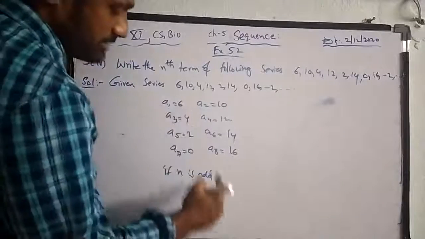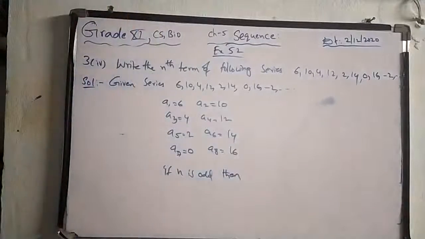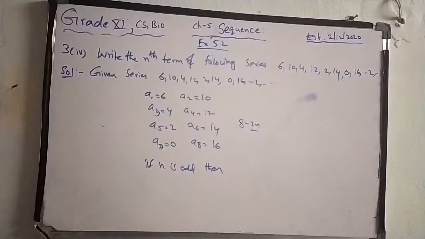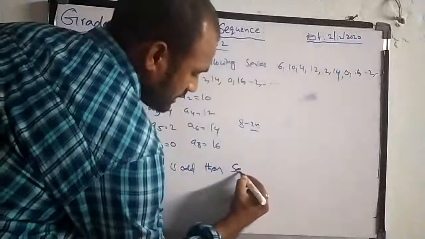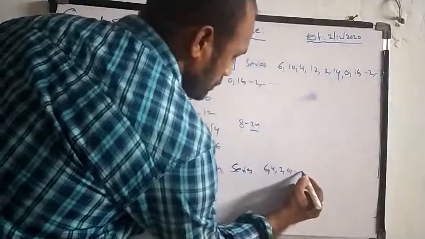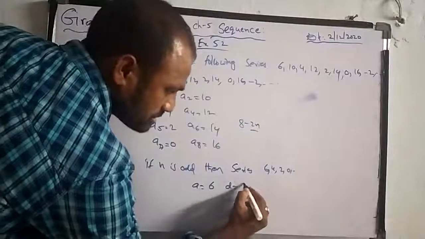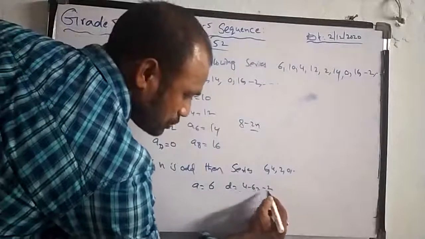If you observe this, if n is odd, then the sequence is decreasing by multiples of 2. So if n is odd, then the series is 6, 4, 2, 0, and so on. Here the first term is 6, common difference is 4 minus 6, which is minus 2.